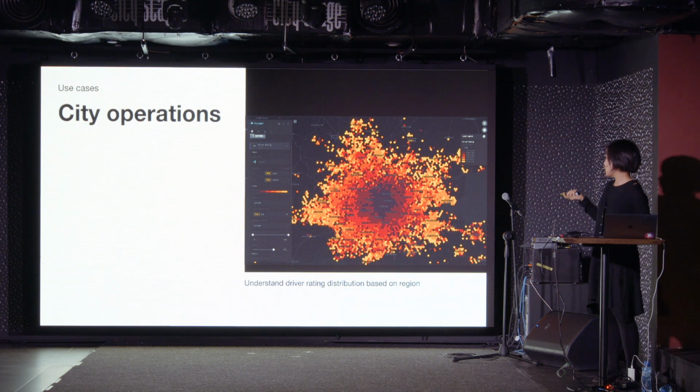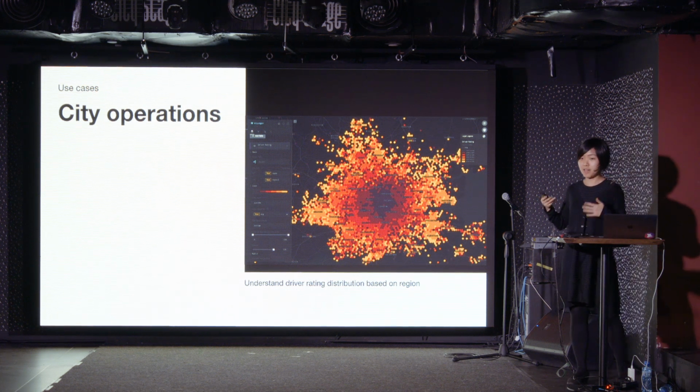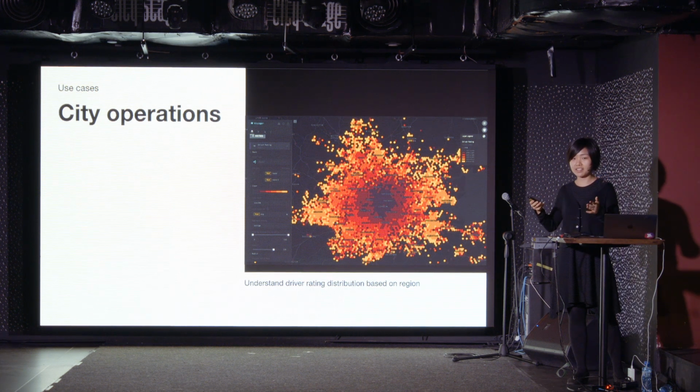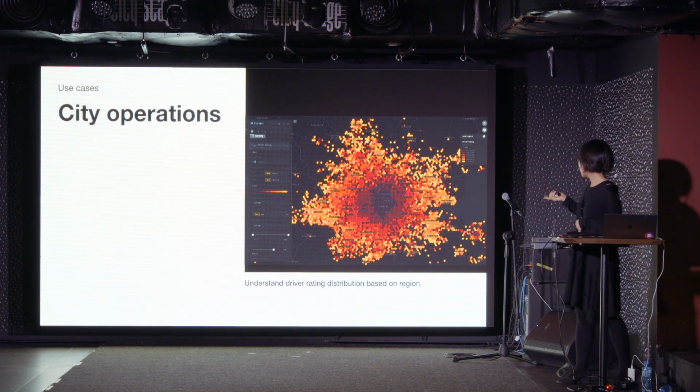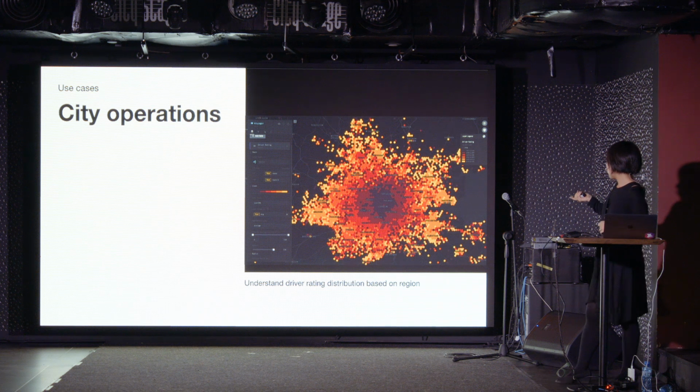And when we view data in aggregate, we can find patterns that are hidden inside of a data set. So this is a data set where we show the driver's rating after trips as related to the location where the trip begins or ends.